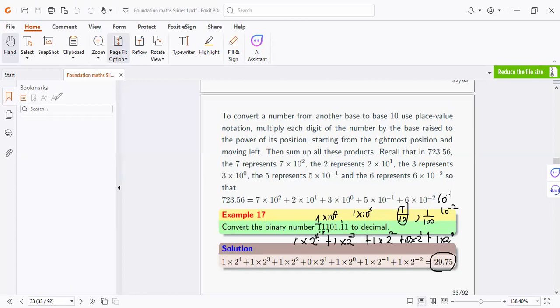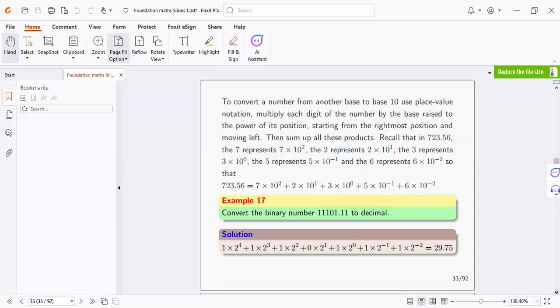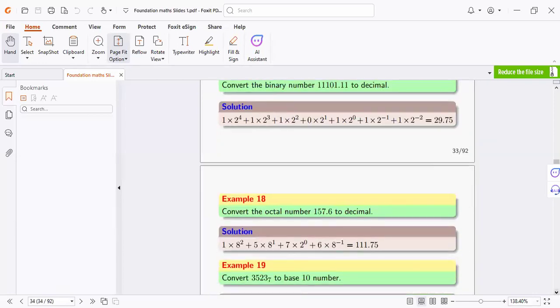We do the same thing if you're given another base and you want to convert to base 10. For instance, you look at this working later, convert this octal number to decimal. So it's 1 times 8 raised to 2, plus 5 times 8 raised to 1, then plus 7 times 8.